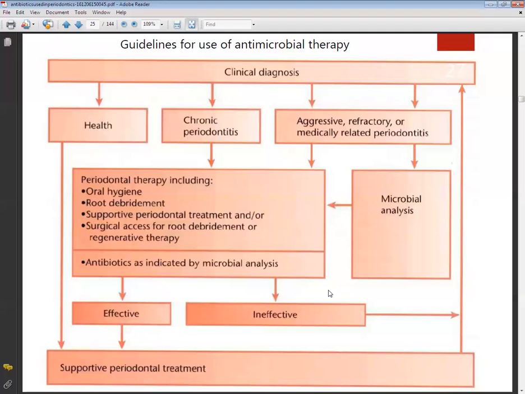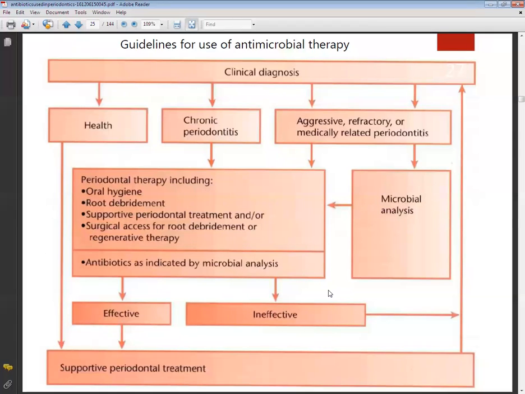If the treatment is ineffective, then we have to evaluate whether the diagnosis we made is proper or not, and come to a diagnosis. The third diagnosis is aggressive periodontitis patients, or refractory periodontitis patients.